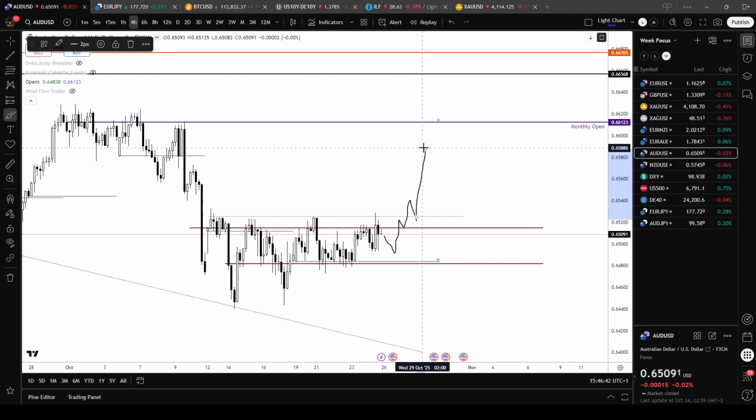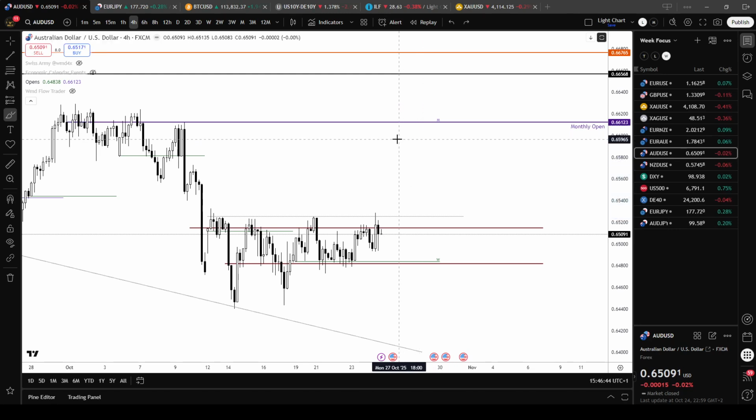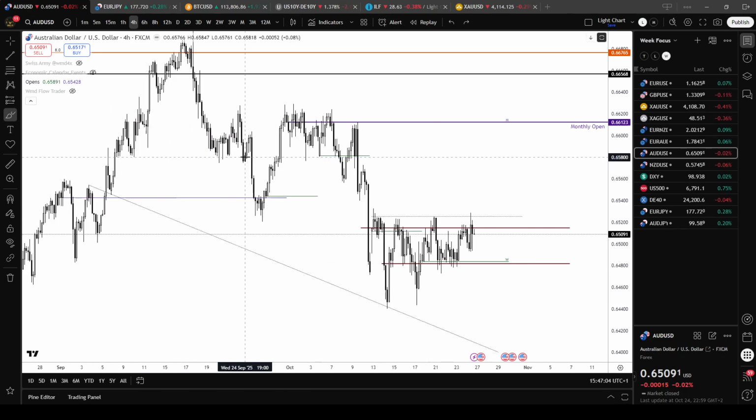And I really think it will, because AUD tends to give pullbacks. It does move a lot on a daily, but on a weekly or a monthly, it doesn't move as much because it chops a lot. So it gives pullbacks. It rarely trends a lot. Okay.